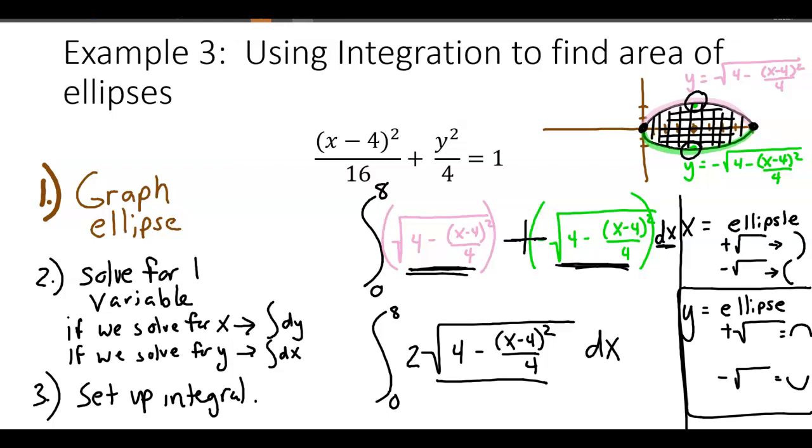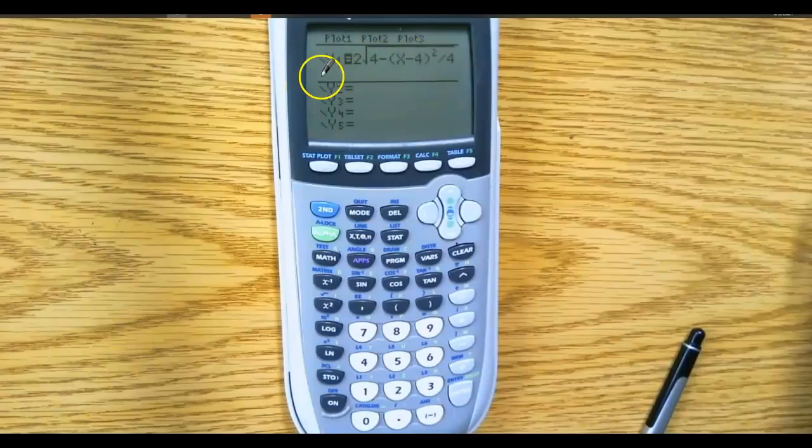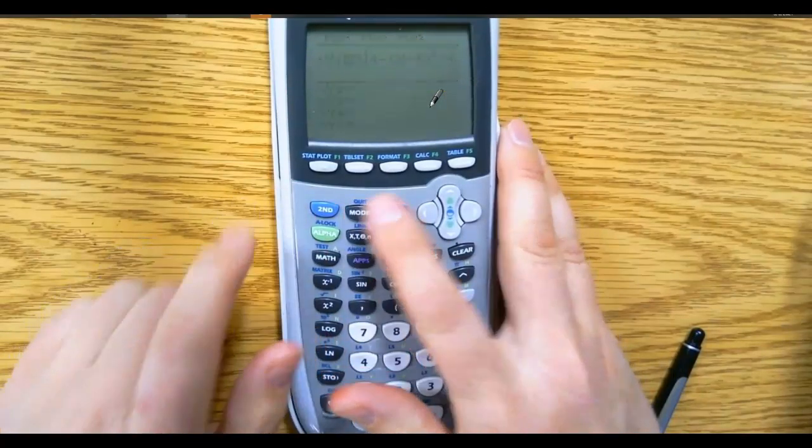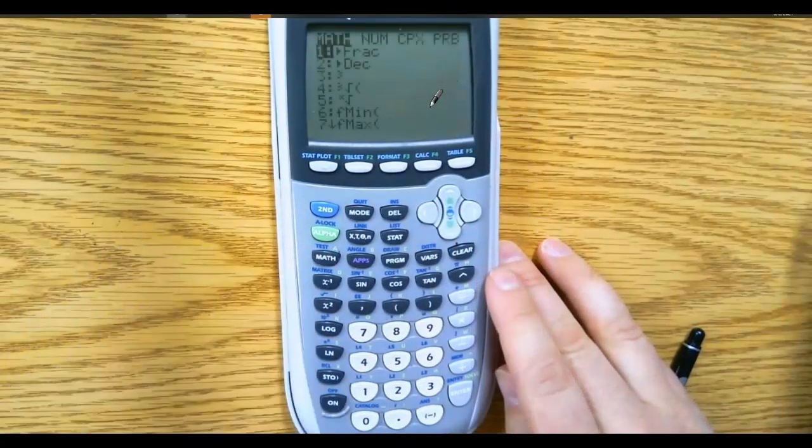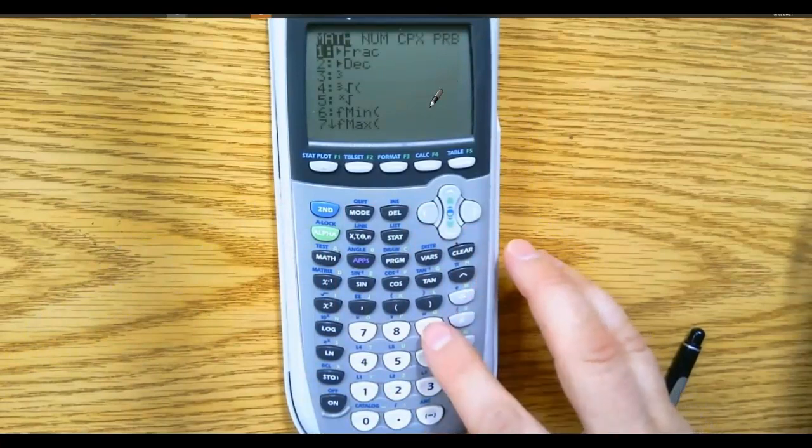All right, so from here we're ready to go ahead and type it into our calculator. So let's go ahead and do that. So I've typed the function into my calculator, as you can see here. And then we're going to go to the home screen and we're going to do the integral of that from 0 to 8.